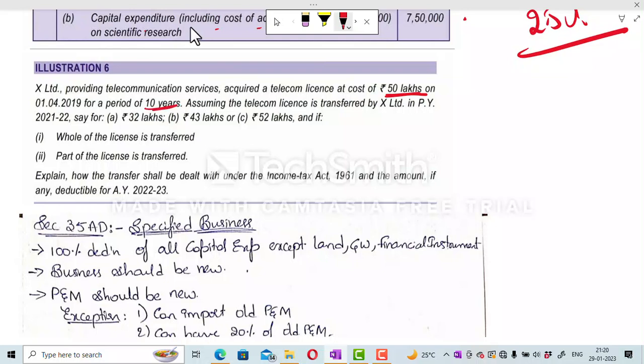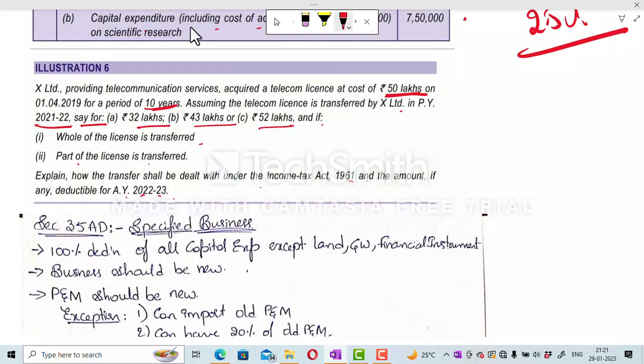Assuming the telecommunication license is transferred by X in previous year 21-22 for 32 lakhs, 43 lakhs, or 52 lakhs. There are 3 options here and 3 cases: if the whole license is transferred, or part of the license is transferred. Explain how transfer should be dealt with under the Income Tax Act 1961 and the amount, if any, deductible for assessment year 22-23. Okay.